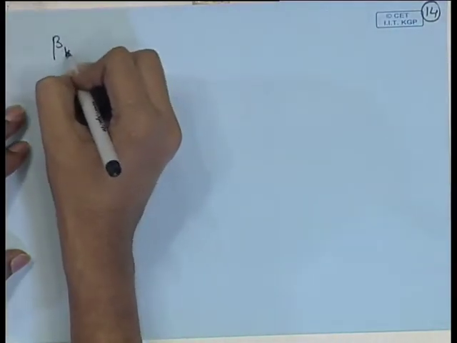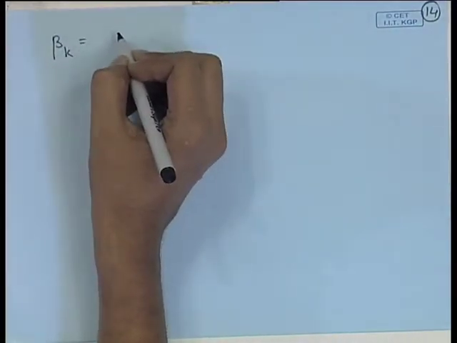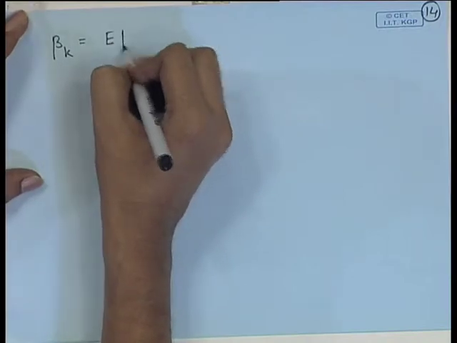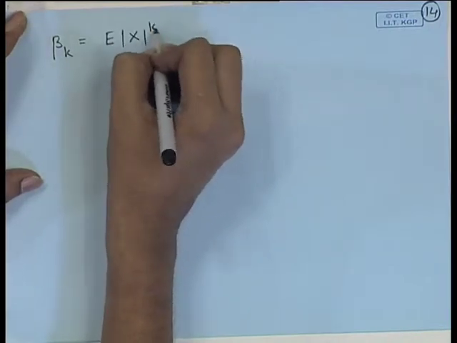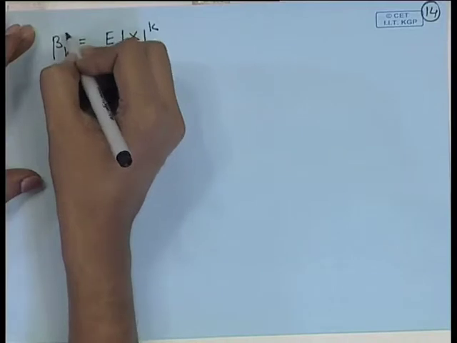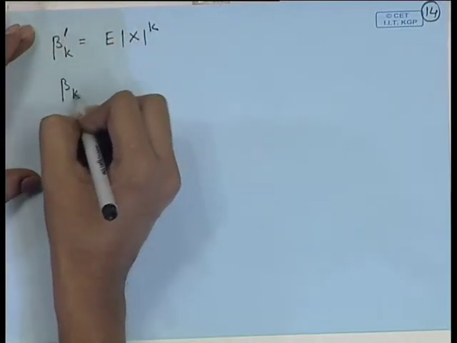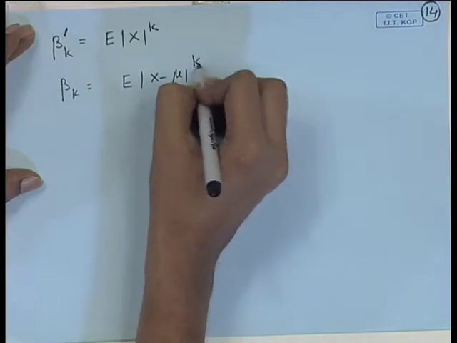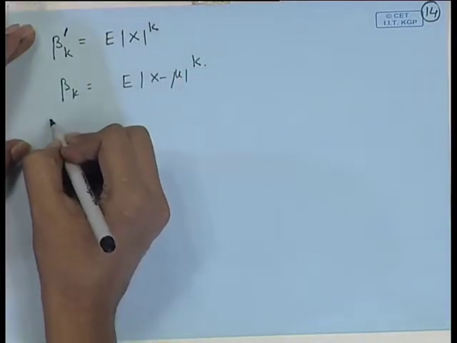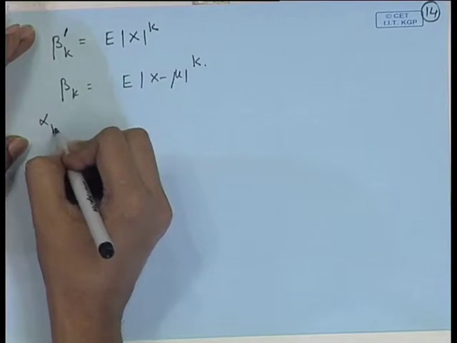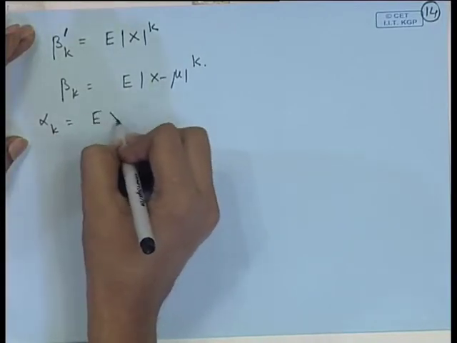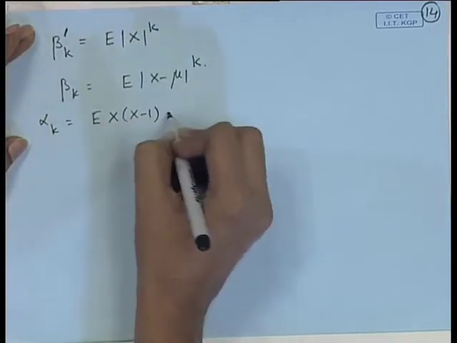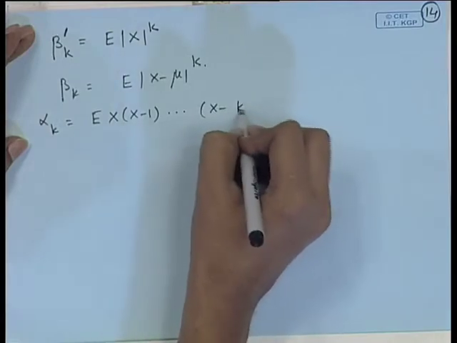We also define absolute moment. So, kth absolute moment is defined as expectation of modulus x to the power k. We also consider beta k is equal to expectation of modulus x minus mu to the power k. We also define what is known as factorial moments, expectation of x into x minus 1 up to x minus k plus 1.